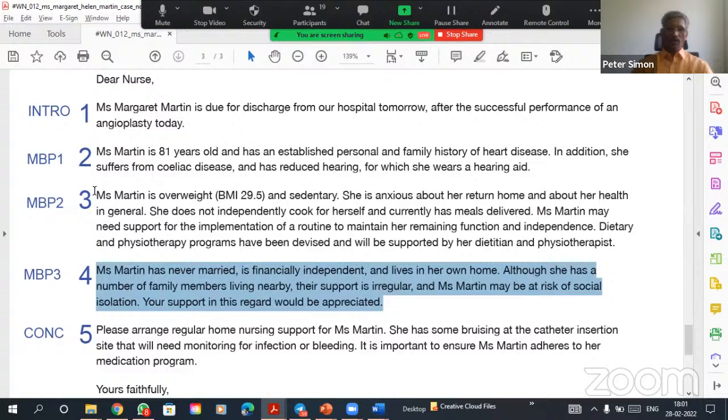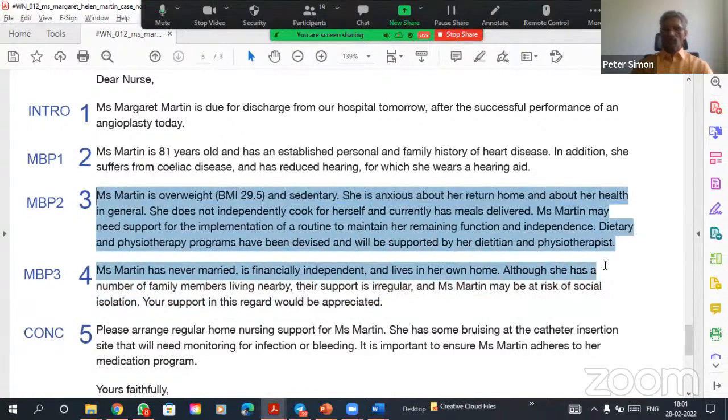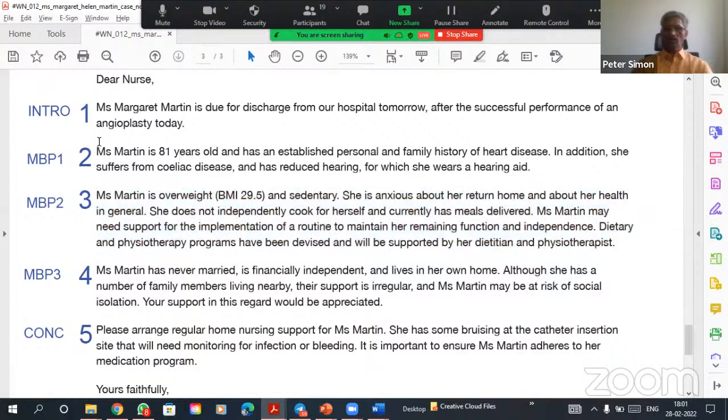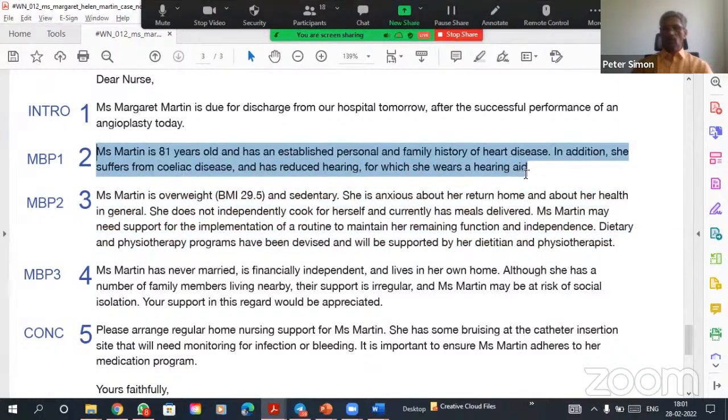This is a general condition. And this is the problem: all the problems related to him or her, all the problems related to the case in the general condition and after discharge.